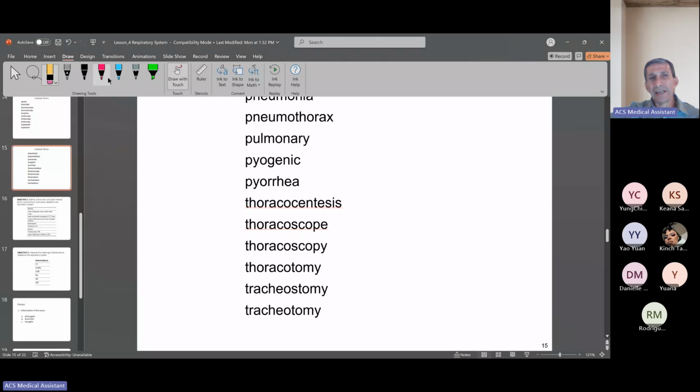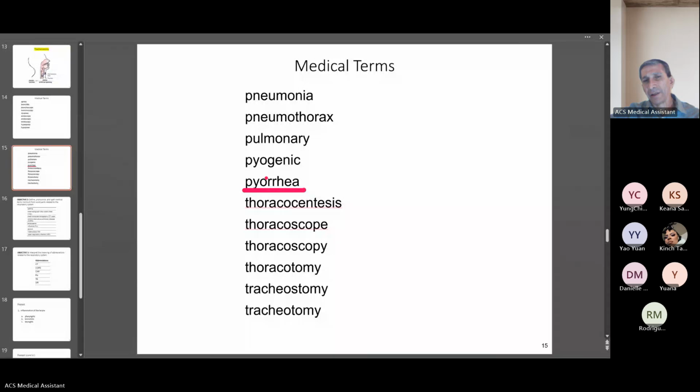Now we have the next one, very similar, pyuria. Ria is the suffix. O is the combining vowel. And py is the word root, because py means pus. We know that ria means discharge. Discharge of what?